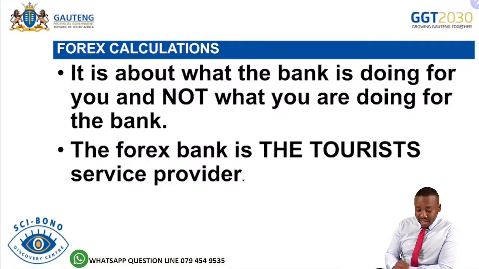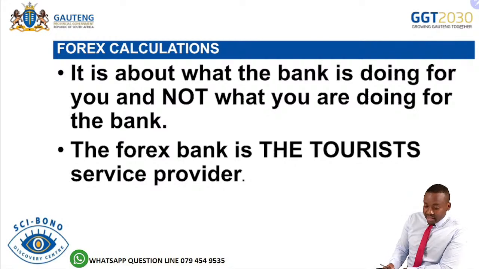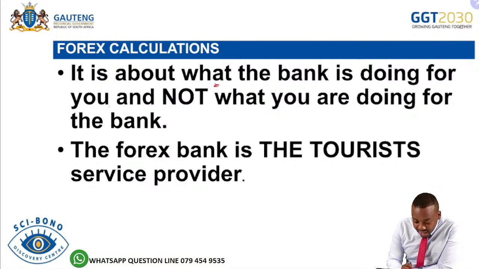You know, we did this in grade 11. You can go to your black market if they are there, the major banks, right? Not all banks again have access to be doing what? Foreign exchange. So in terms of calculations, it is about what the bank is doing for you and not what you are doing for the bank.